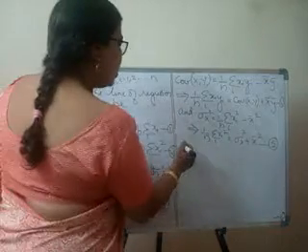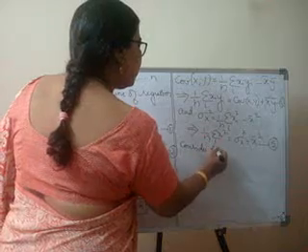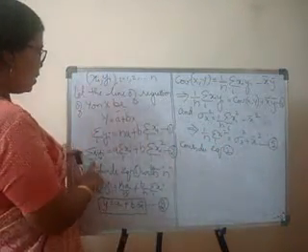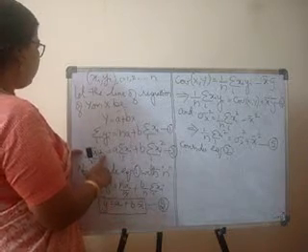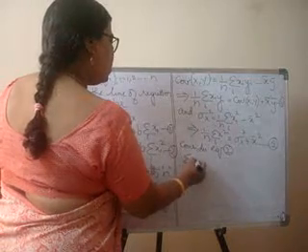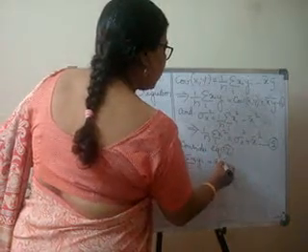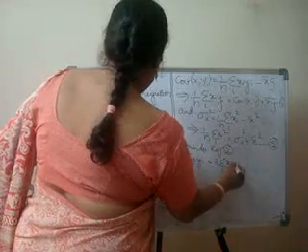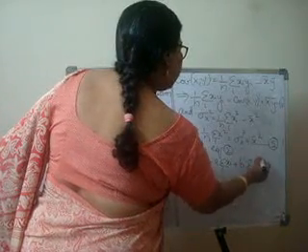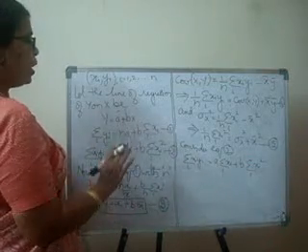Now consider equation 2. What is the equation? Summation over i xi yi is equal to a into summation over i xi plus b into summation over i xi square. Now multiply both sides by 1 by n.